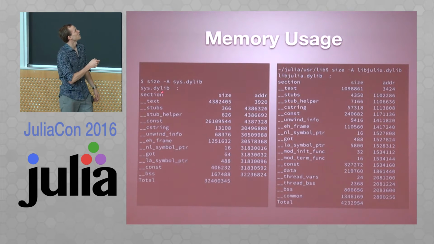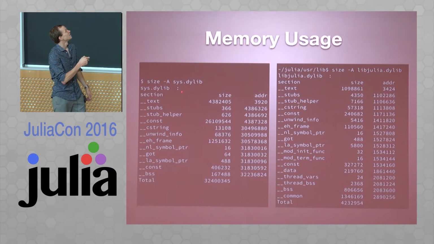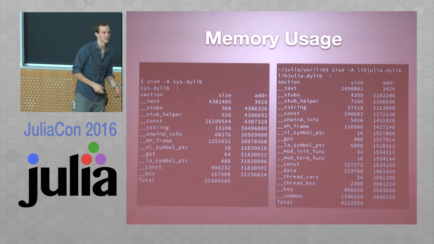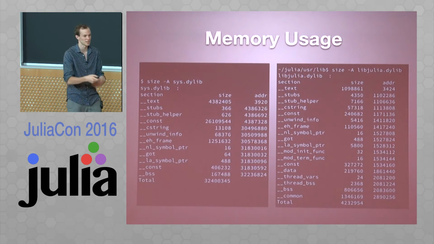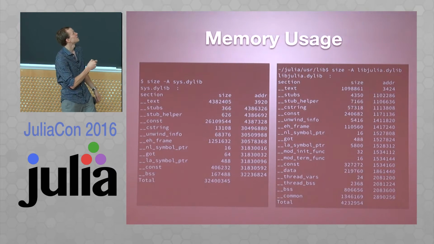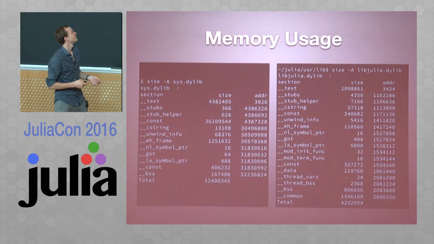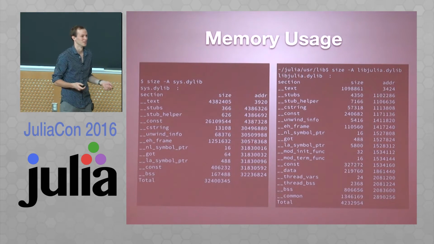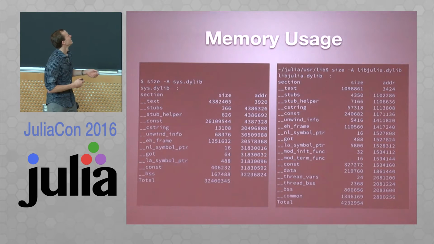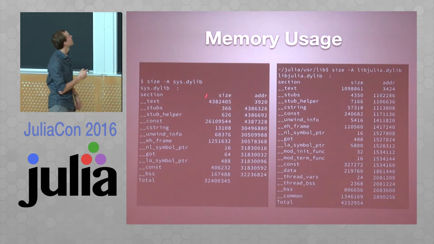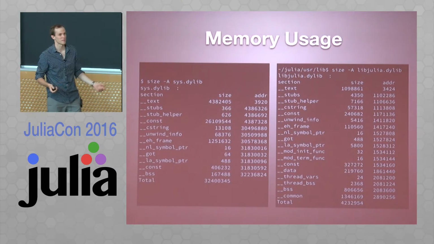If you haven't ever looked at a memory file before, here is the sys.dylib. I'm querying it with the size tool, and this tells me how many bytes the system image is and what each of them is being applied to. Text is, for historic reasons I don't remember, what they have called code. Not readable text. I don't know how they came up with it. Currently, that system image has about 4 megabytes of code.